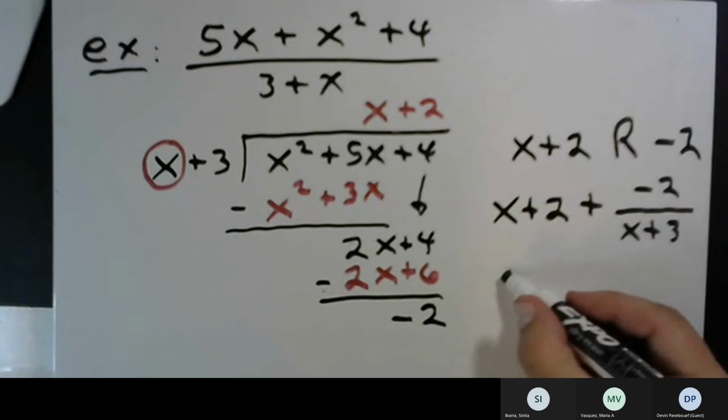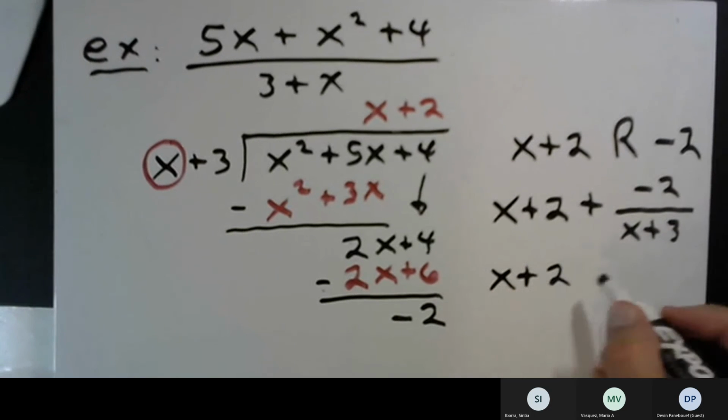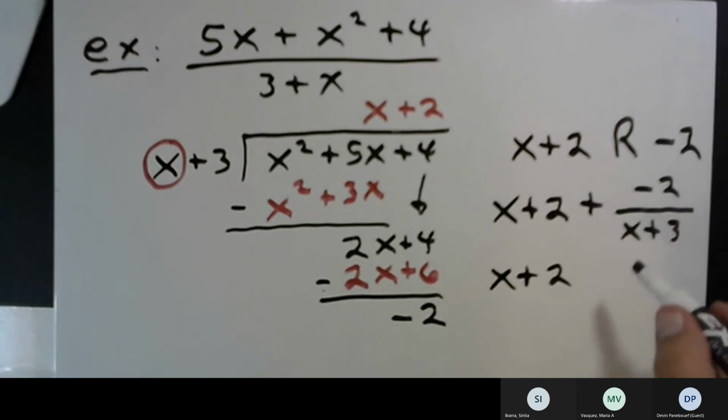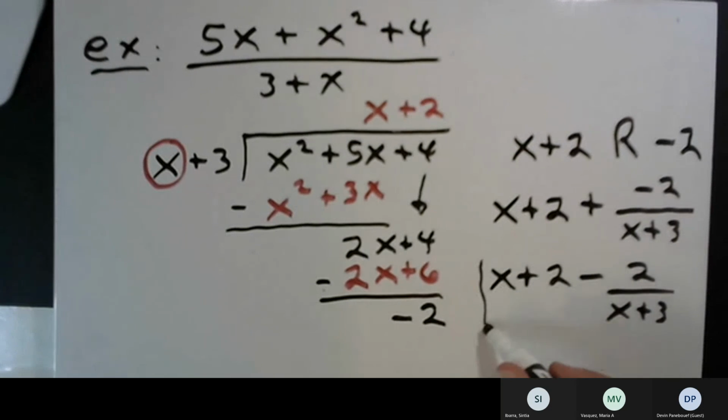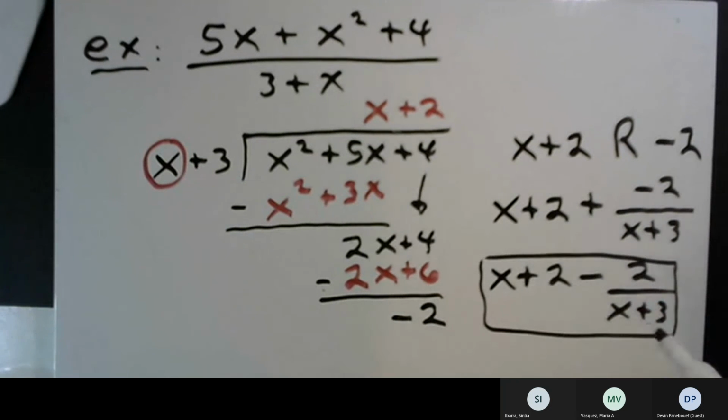Or what we typically do, as you oftentimes see this written, is you bring the minus out front. Minus 2 over x plus 3.